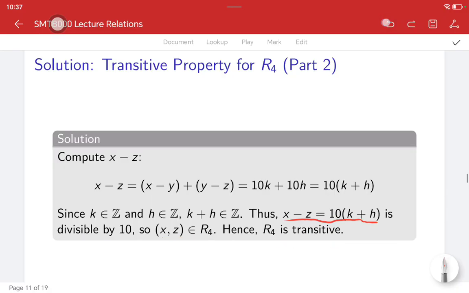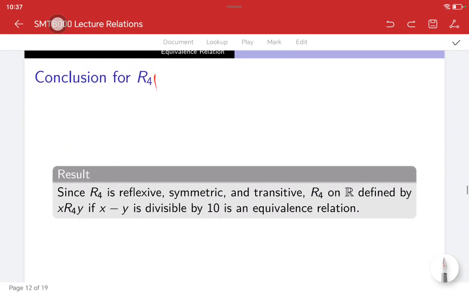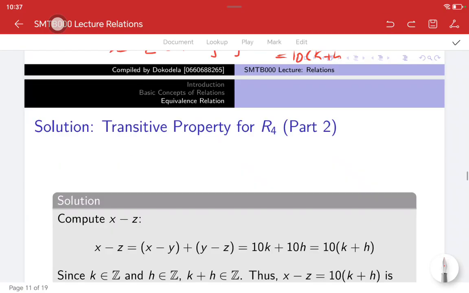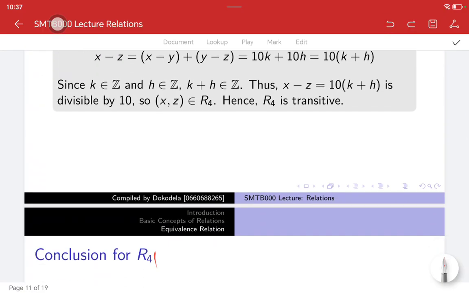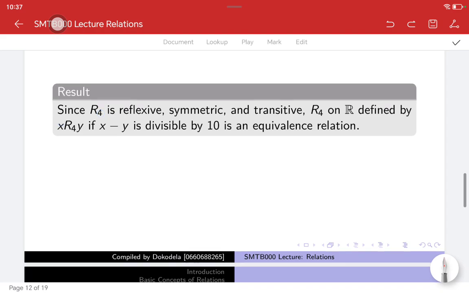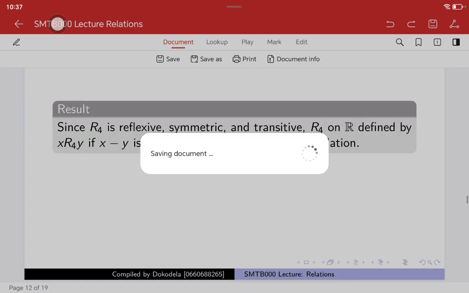So since R4 is transitive, symmetric and reflexive, this means that this is an equivalence relation. You see right now? Then we're done.